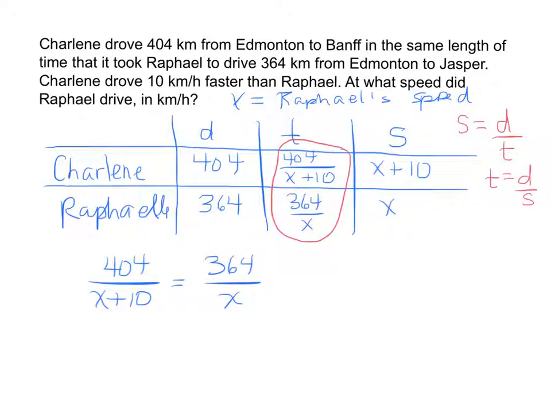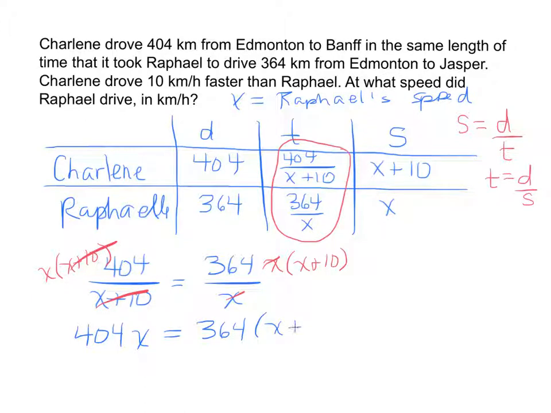So the solving part is the easy part now. Multiply both of them by X times X plus 10. We end up with those canceling and those canceling. 404X is equal to 364 times X plus 10.